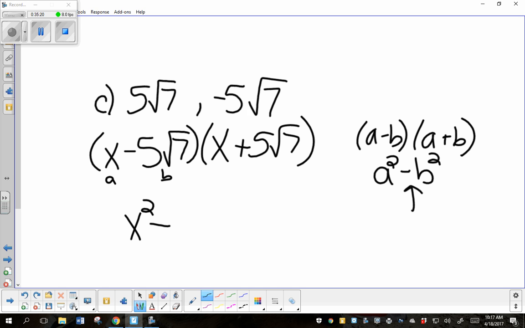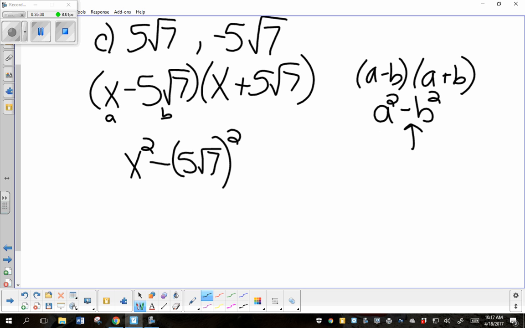Now we've got 5 root 7 squared. You might want to write this out because we've been making some mistakes when we try to do this in our head. 5 root 7 squared. Now let's figure out what that is. So we've got x squared. Remember, in this situation, we actually can distribute that power because there's no plus or minus in here to mess it up. If there was a plus or minus, it would mess it up.